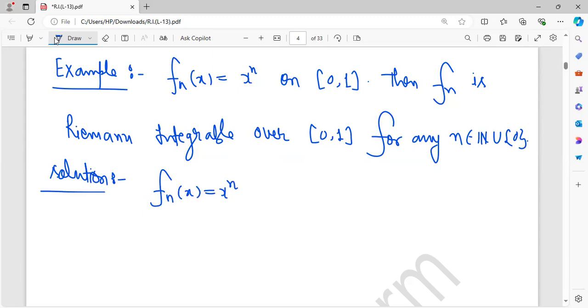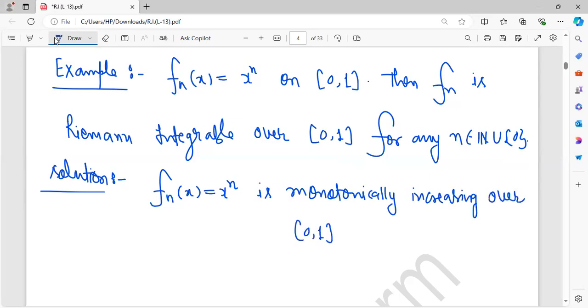When you take n equal to 0, it will be one constant function. Constant functions are monotonically increasing. Or you take any natural number, then it is monotonically increasing over closed interval [0,1]. Okay.